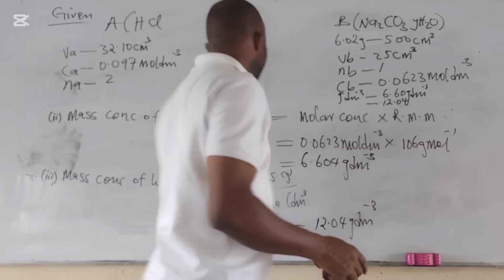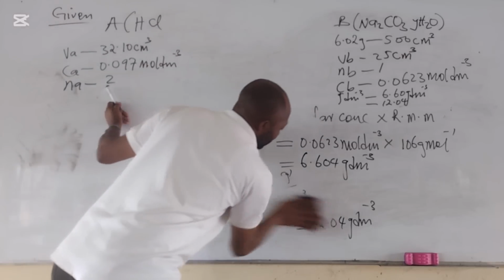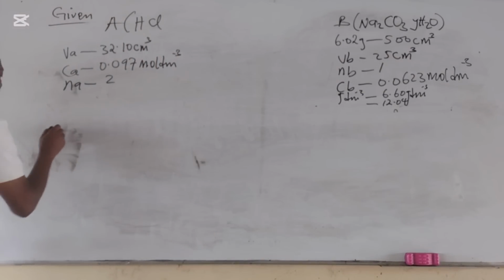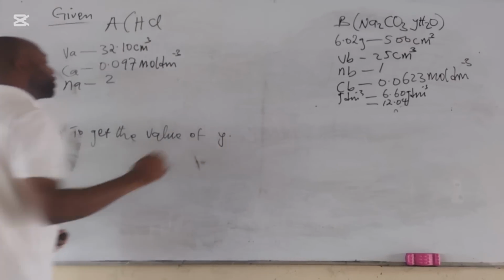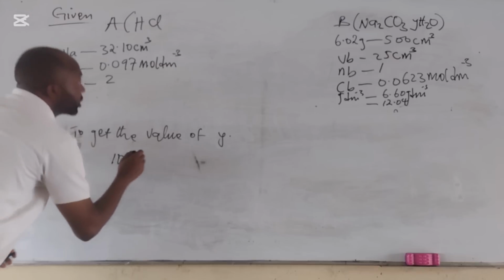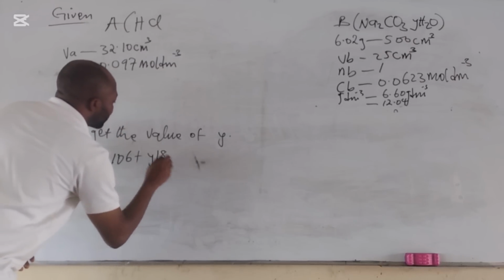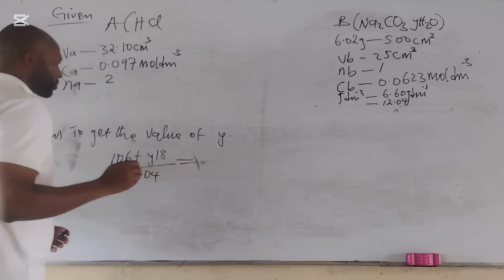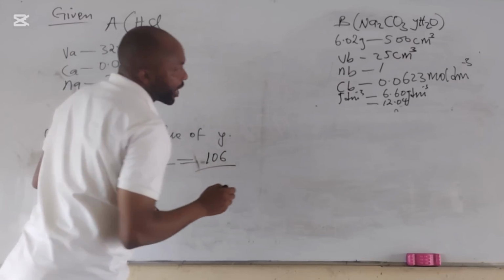So let's start with hydrated, which is 106 plus Y times 18, for water, over the hydrated mass conc, 12.04, is equal to the relative molecular mass of anhydrous, 106, over the mass conc of anhydrous, 6.60.